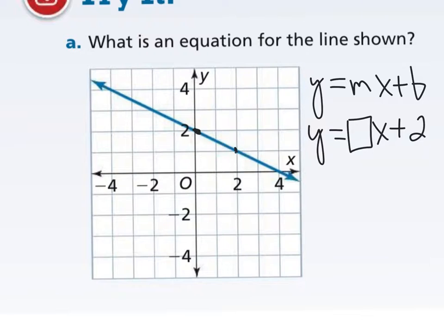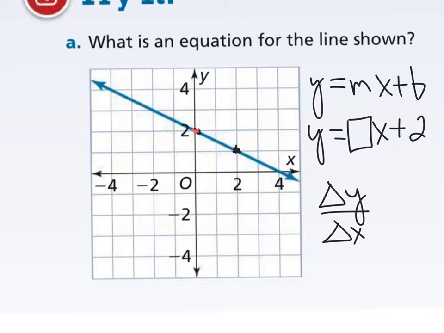You don't have to do that, but that's just what I like to do. And again, we do know this is going to be a negative slope. Remember, slope is change in y over change in x. So we want to think about, if I'm starting at the point (0, 2), how do I get from (0, 2) to the point (2, 1)?